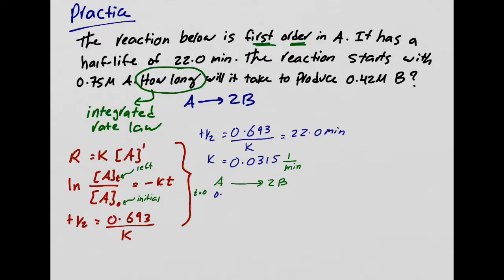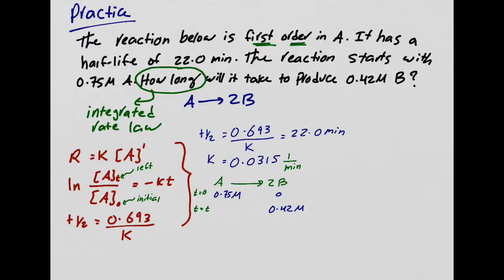You have 0.75 molar of A. And at the very beginning, when you start, you don't have anything of B. Now then, at t equals t, you are going to have 0.42 molar of B. And the question is how long it's going to take you to get there.